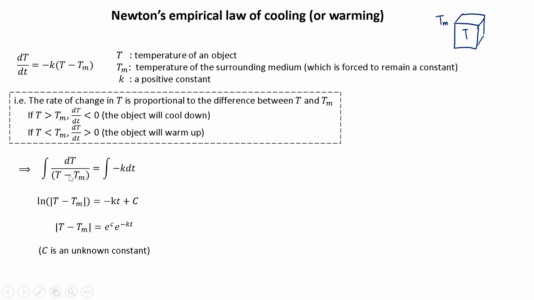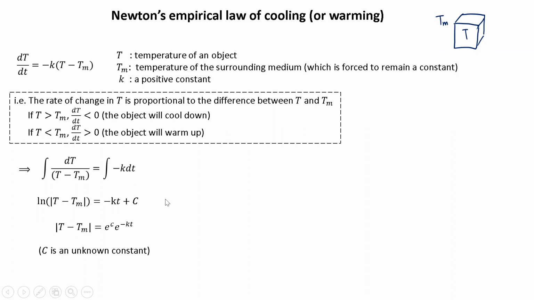By separation of variables, you just integrate 1 divided by T minus Tm. Then of course you get this log function. And now the general solution you get is this, where C is the unknown constant. So this is the general solution.